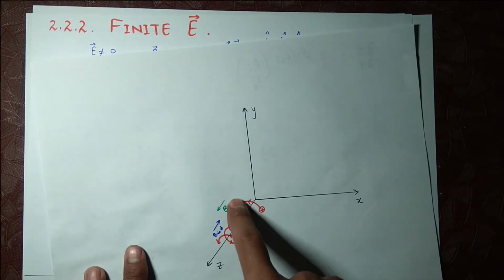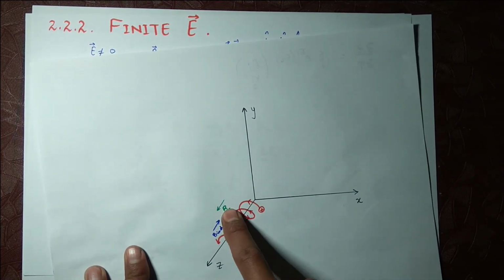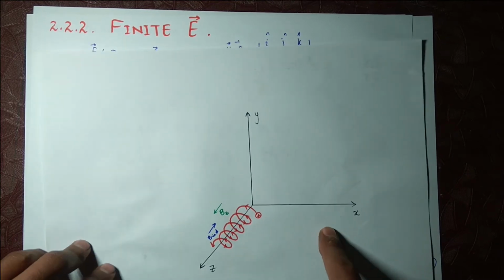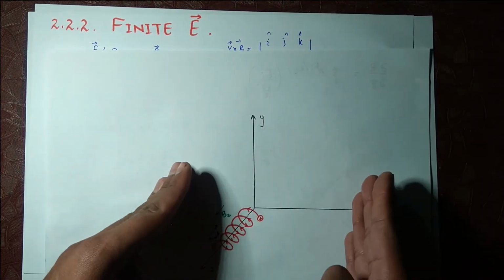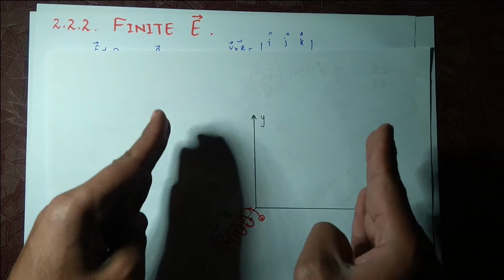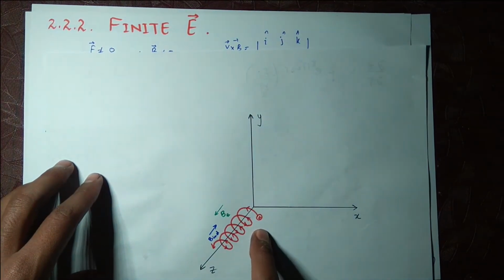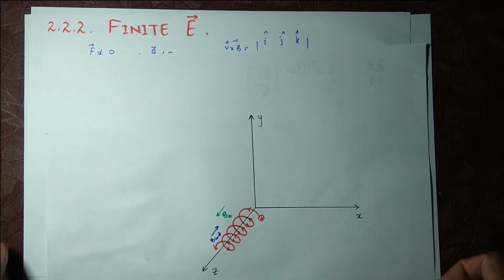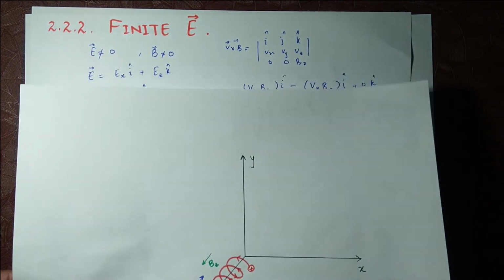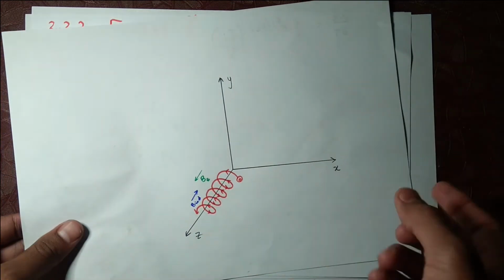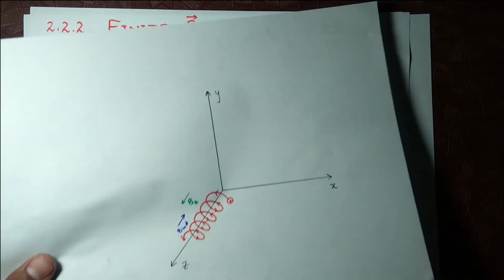Plasma shows gyration when it is placed in a magnetic field. Now we will see what happens to the plasma when there is a magnetic field and also an electric field. So let's move on to our lecture, and we will see what the change in this graph will be.